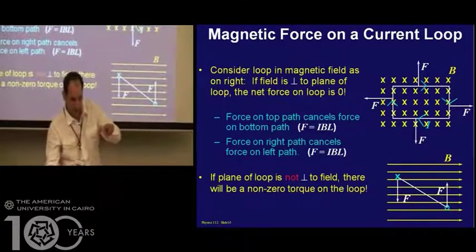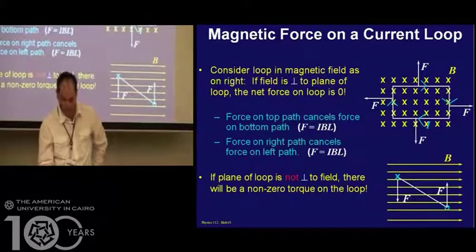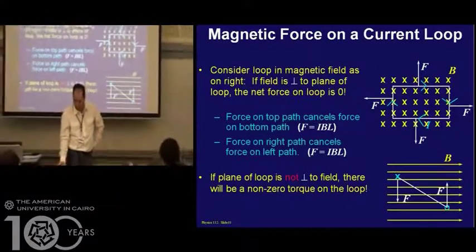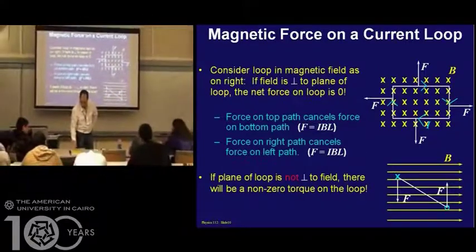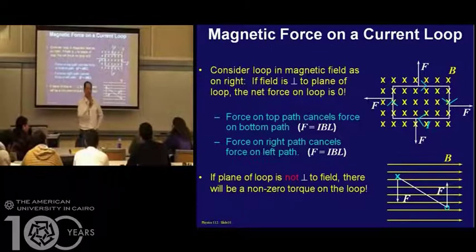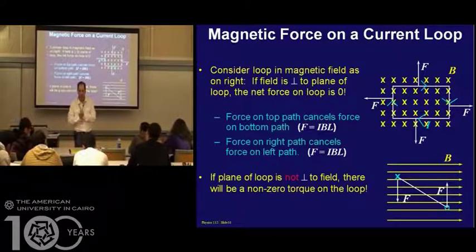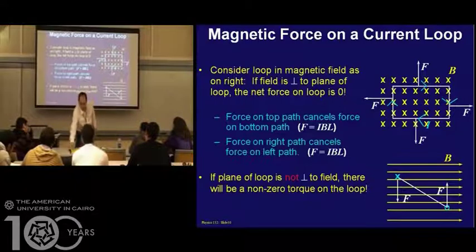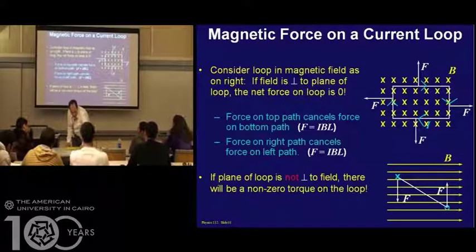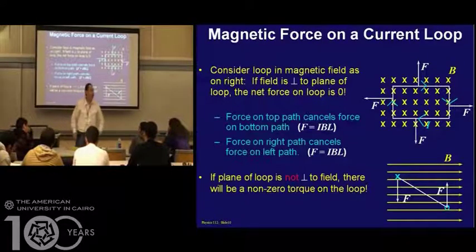I'll go back. What makes that object translate, move in a translational motion? It's force. Only force. What makes an object rotate? It's torque.